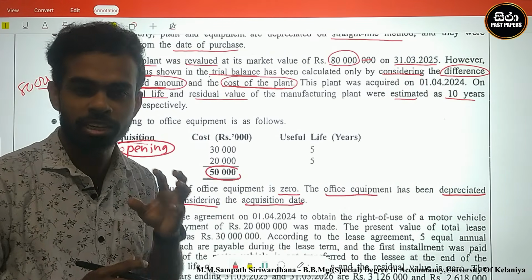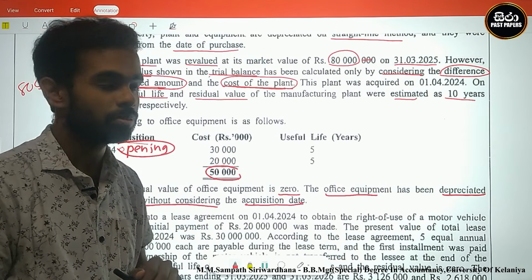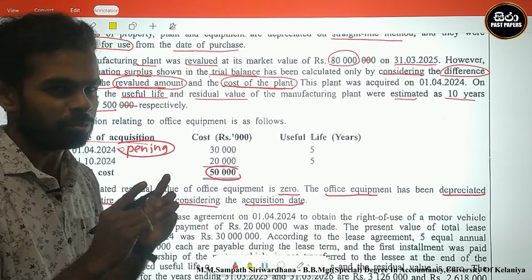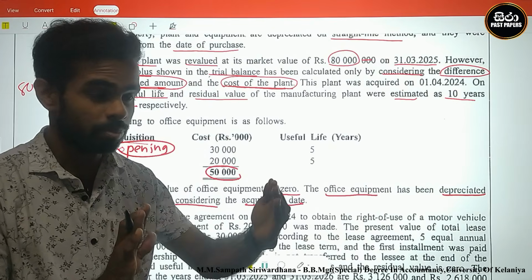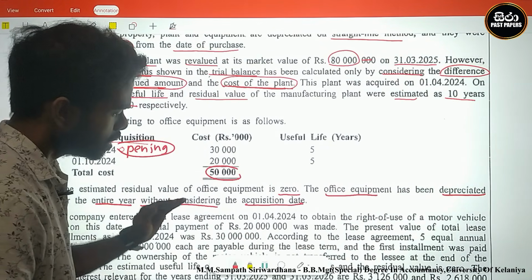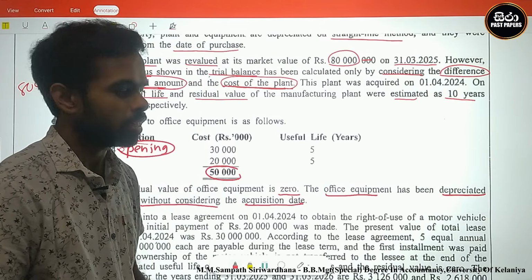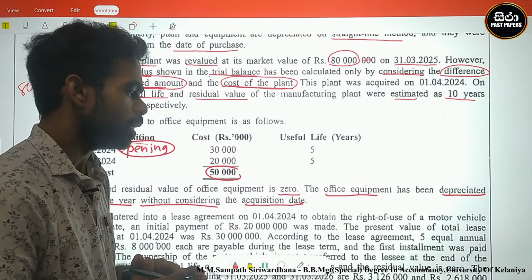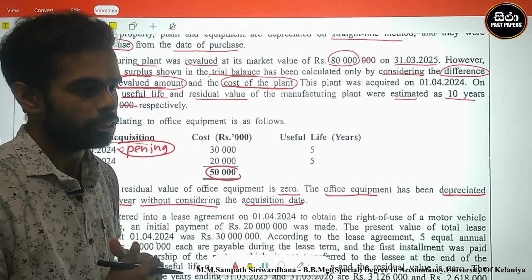Based on that, we must calculate the annual depreciation for some months or some years. At that time, there was no consideration of the acquisition date. Therefore, we must prepare. They already depreciated.